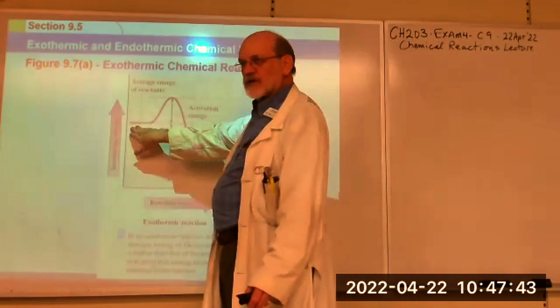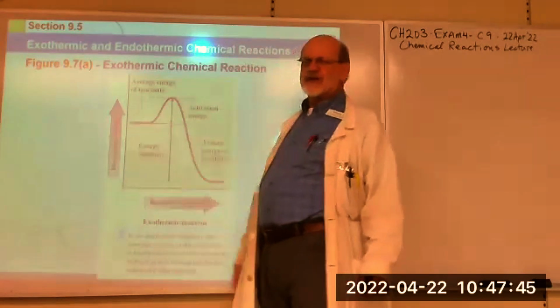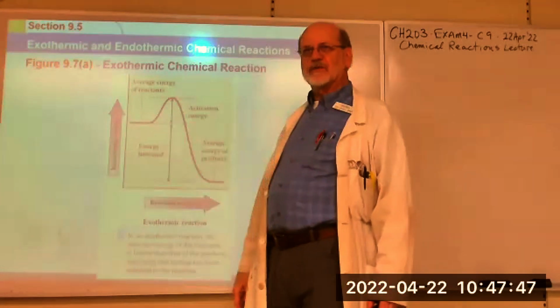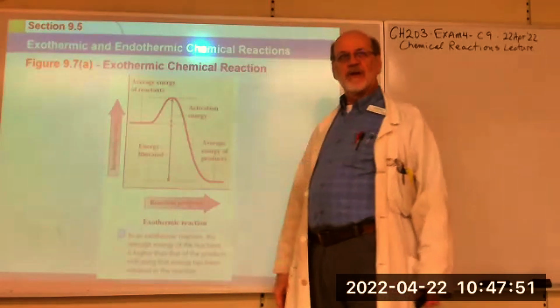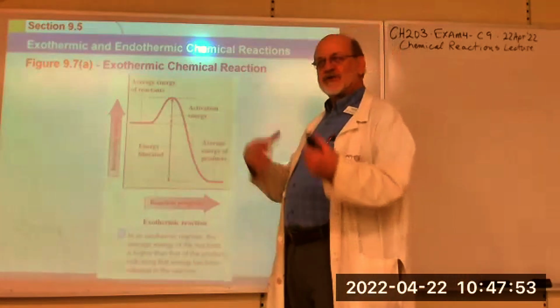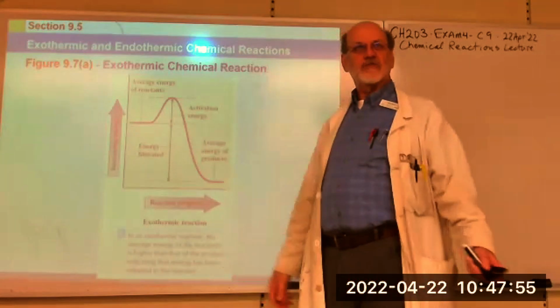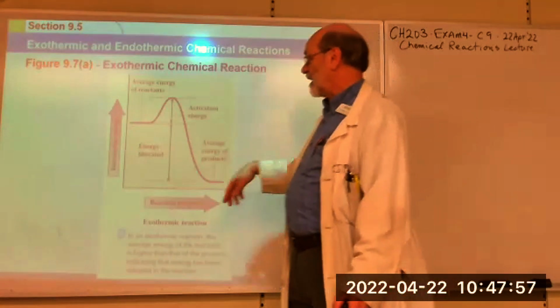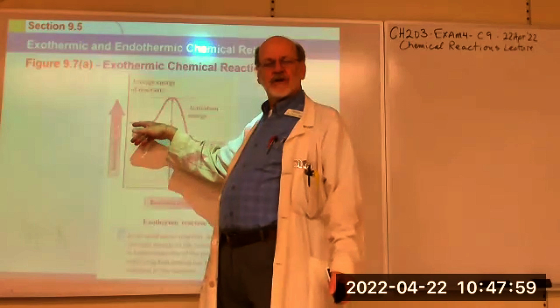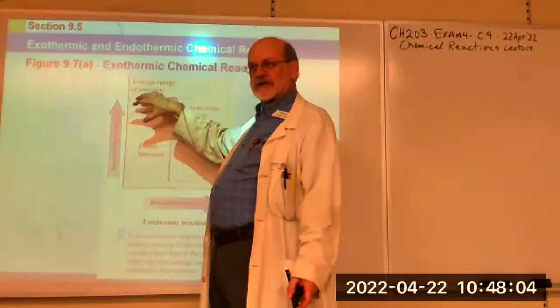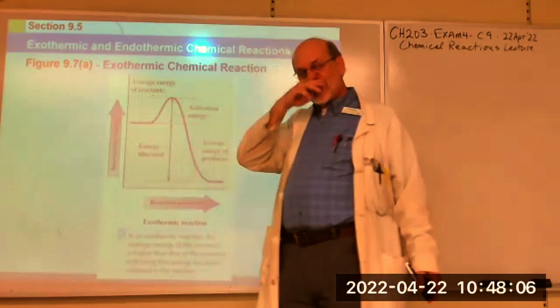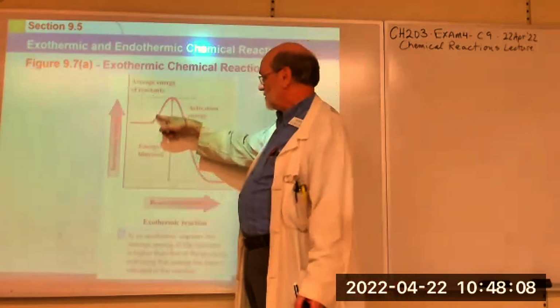And if this is nitroglycerin, well, that's not a good example because nitroglycerin decomposes. You have to have a binary explosive. You have two things. Say combustion, octane and oxygen in the cylinders of your engine. They have a certain amount of energy, right? And you add energy to get them started.